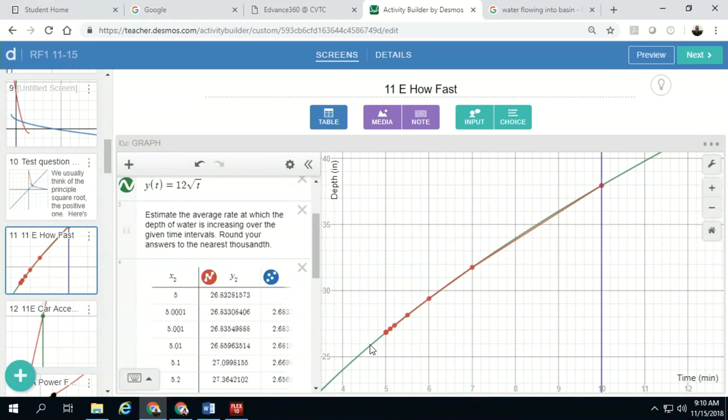Yeah, because the water is getting deeper, right? Does it make sense that it's sloping up here slower than it was at the bottom of the dish? Yeah, because as you get higher up, it takes longer to fill a bigger portion of the dish. Okay?